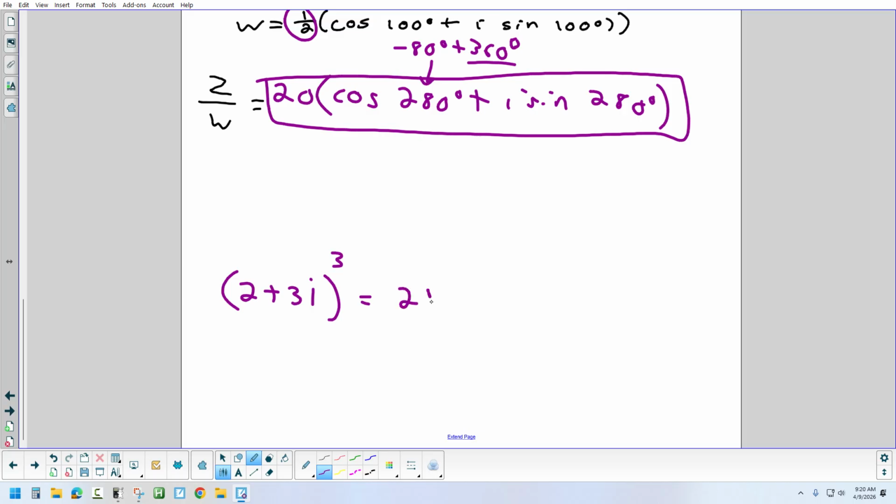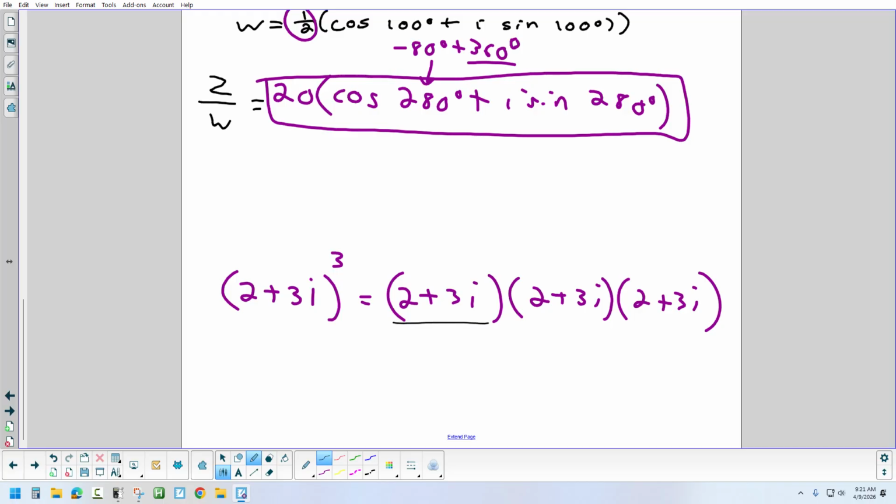So this means to do this. That's (2 plus 3i) cubed. You don't just cube the 2 and cube the 3. There's more to it. Okay, you have to write the same thing 3 times, and then you have to FOIL it. Okay, so this one's only cubed, so we'll do it by hand just to see how it works, and then we'll get our answer.